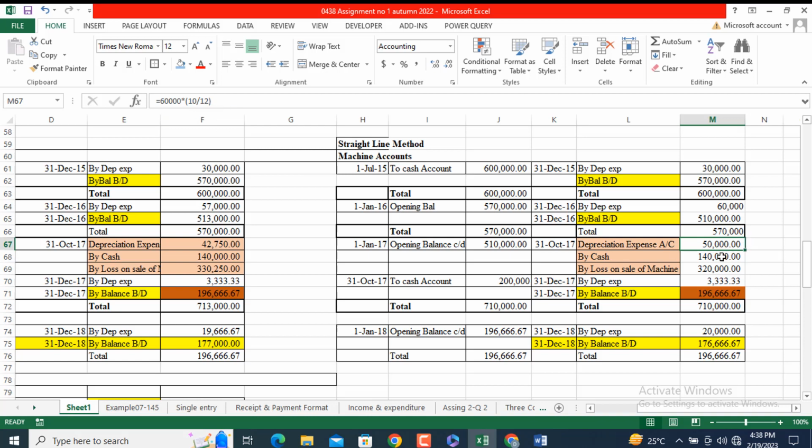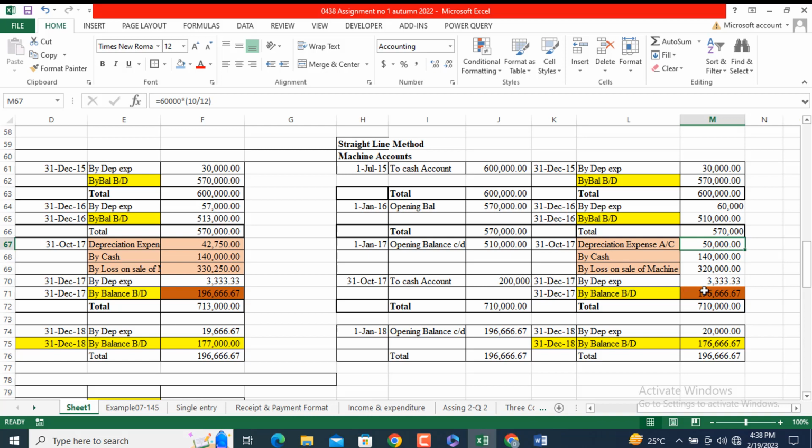So this amount, by cash 140,000, by loss on sale of machine under the straight line method is equal to 320,000. But look at this, under the reducing balance method it is 330,250. So on the same date we are going to purchase a new machinery of amount 200,000.